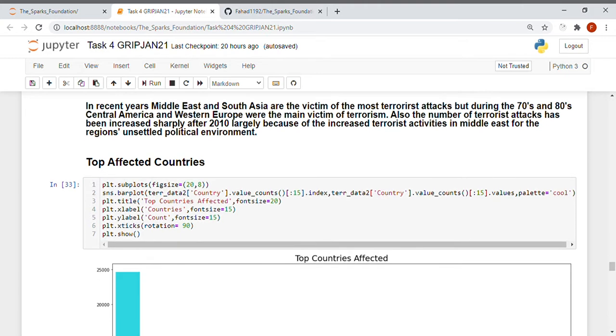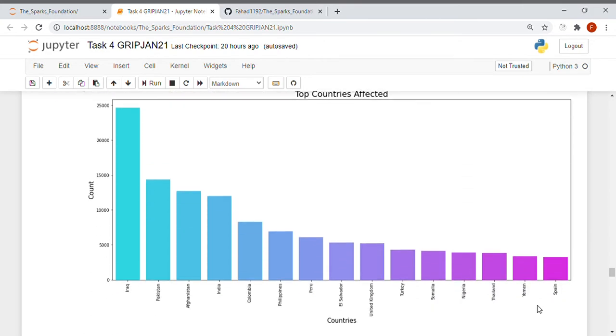Top affected countries, we can predict this. It will definitely be Iraq, then Pakistan and Afghanistan come, and India is also number four. We all know some very deadly terrorist attacks in India, like in Mumbai, the Taj Hotel incident.